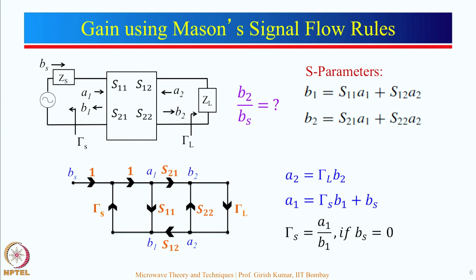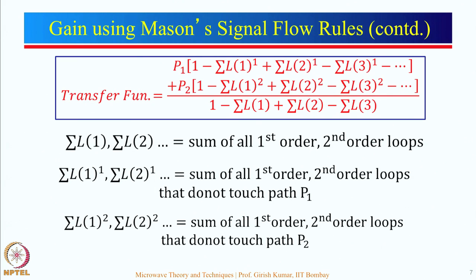So, now let us see what the expression for Mason's signal flow is. This is the transfer function which can be used to find out the gain of the amplifier. What it shows over here is that this transfer function can be used to find the transfer function from, let us say, point 1 to point 2.